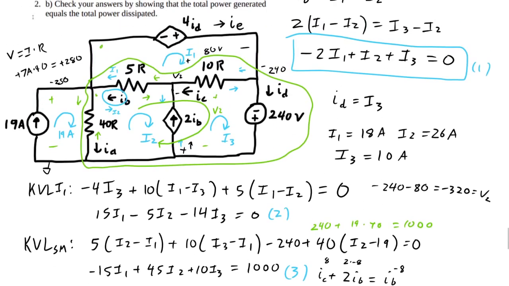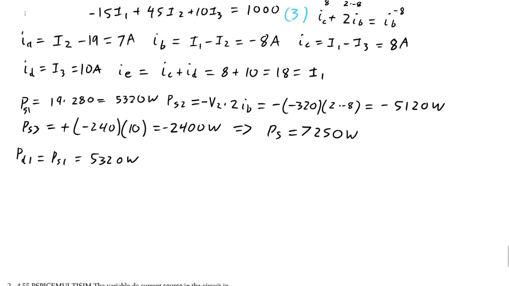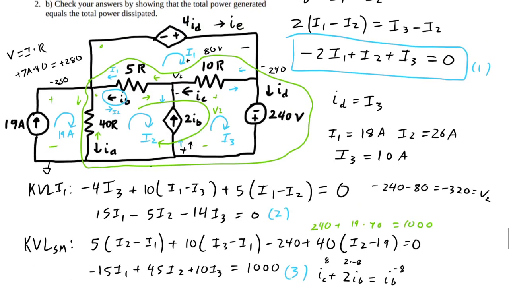Let's go ahead and do the resistors now. There's only 3 resistors, so it won't take too long. So IB is 8, 64 times 5 is 320. So I'll say PD2 equals 320. PD3, I'm going to do the 40 ohm resistor.